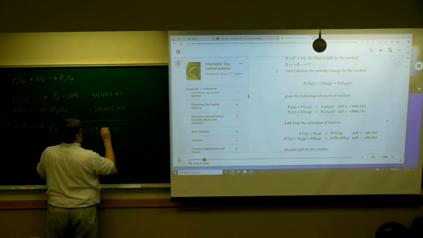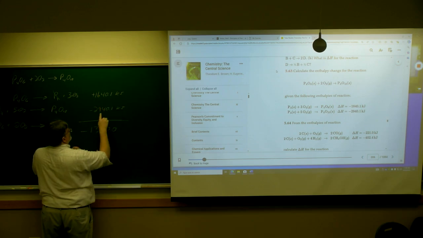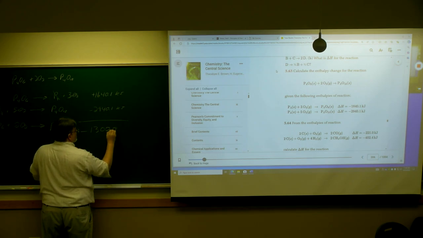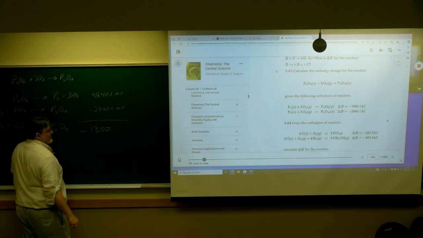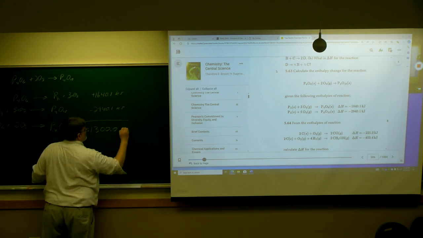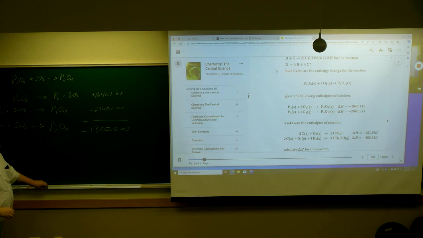If I'm following the rules correctly, I've got 5 significant figures, 5. And both of these have 1 after the decimal. So even though my calculator said that at the end, I still need to say negative 1300.0 kilojoules.